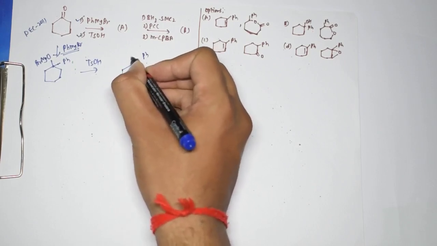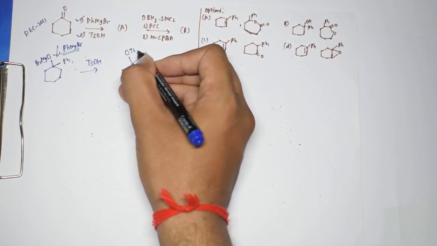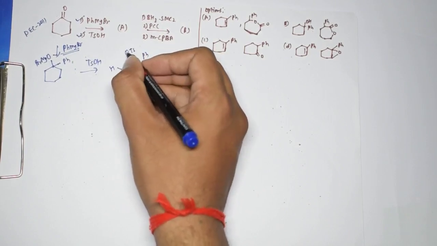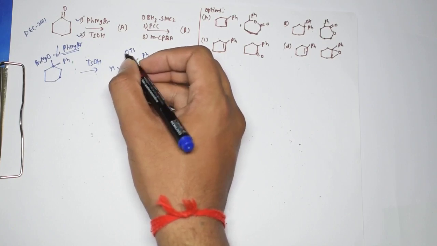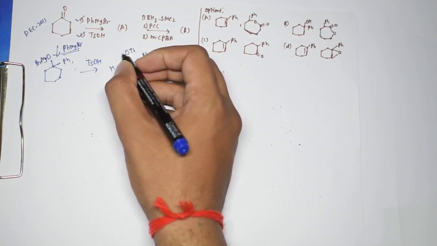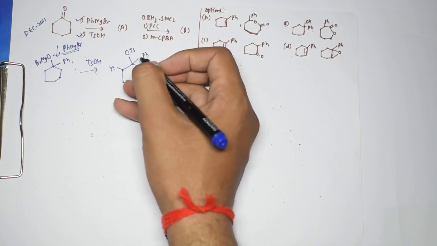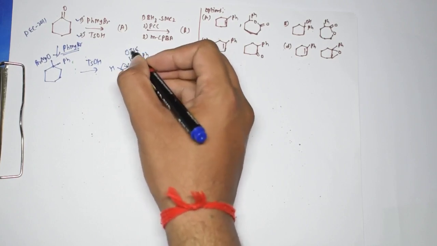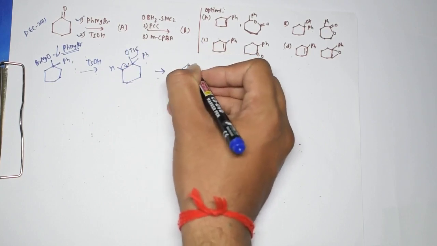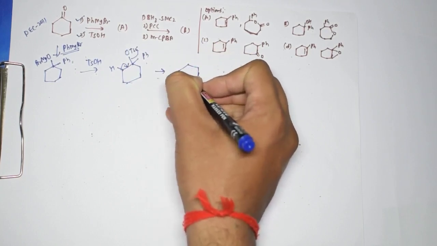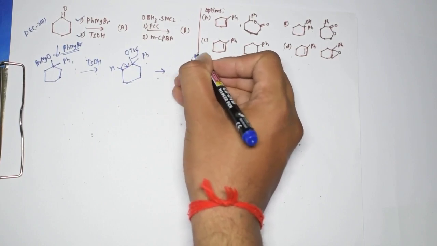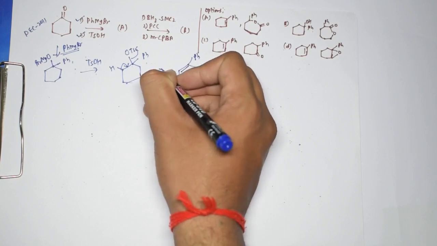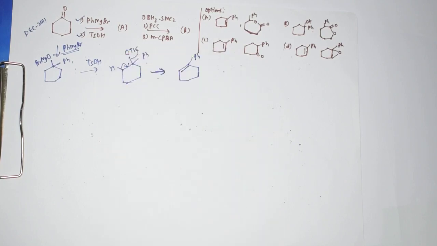Here we will have this Ph and here we will have this OTs, and this hydrogen which is present over here, because this is a very good leaving group. So, in this case, dehydration may take place. So, this hydrogen will shift over here and this OTs will be removed, right, and we will have something like this, and here we will have this Ph and double bond O will be over here. So, basically this OTs is getting removed.